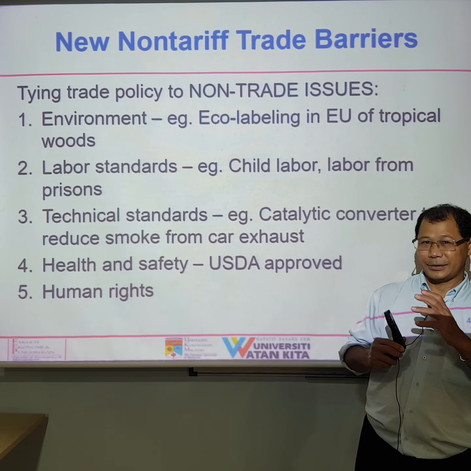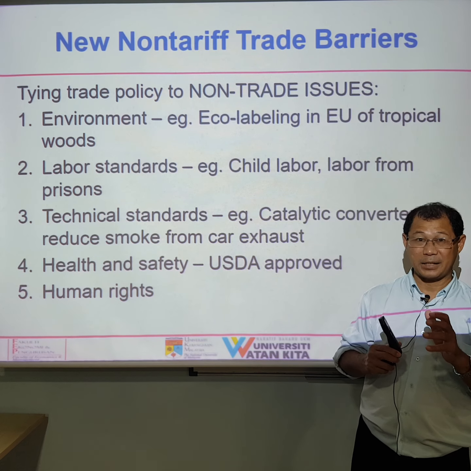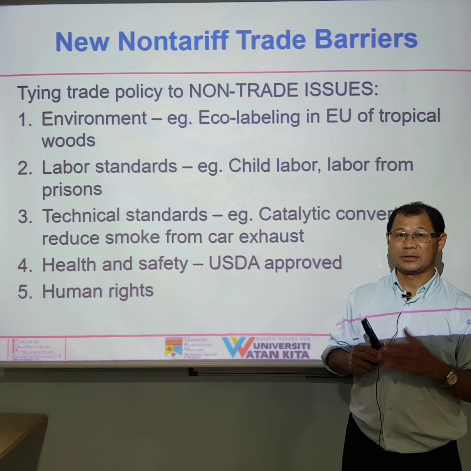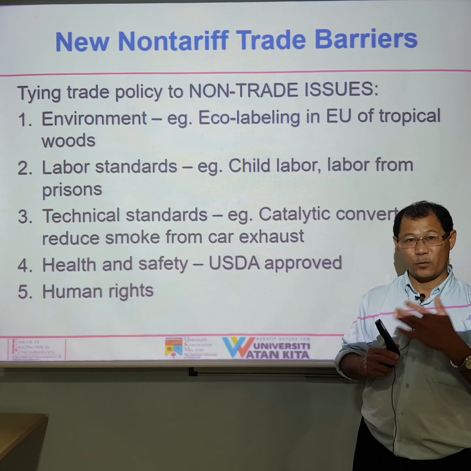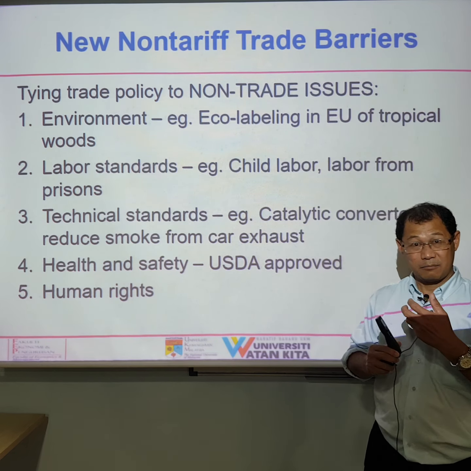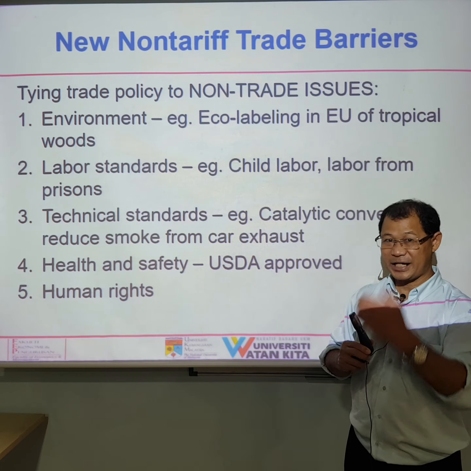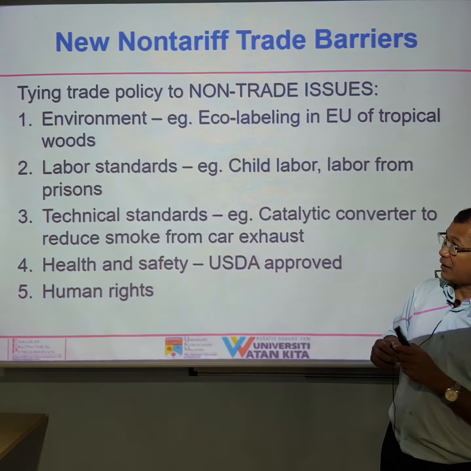So they say, I'm not going to buy tropical woods. That's the impact of eco-labeling. In a way, eco-labeling is a way of stopping imports coming into the country. So it's a barrier, a new type of non-tariff barrier.